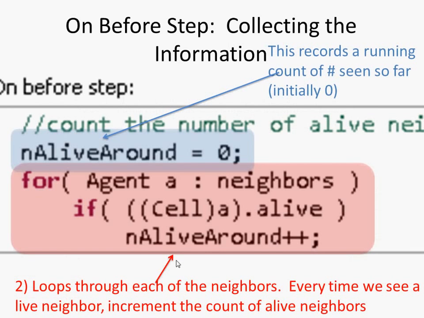We're just keeping track of our neighbors, right? That's this thing here. For each of these, we're going to go through and say, hey, are you alive? We're testing. Is it alive? And if so, this plus plus adds 1 to that. So it's going up. 1, 2, 3, 4.